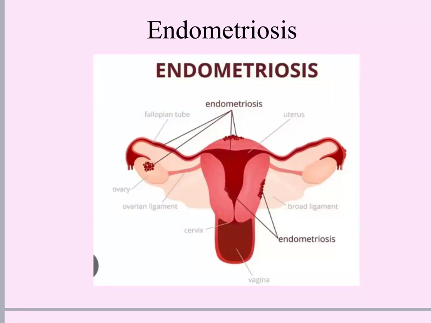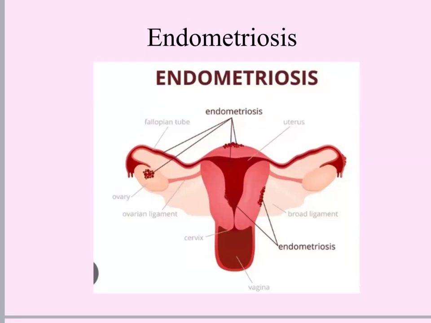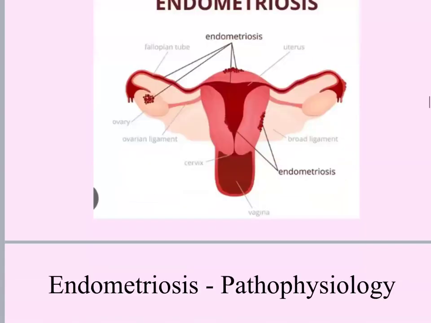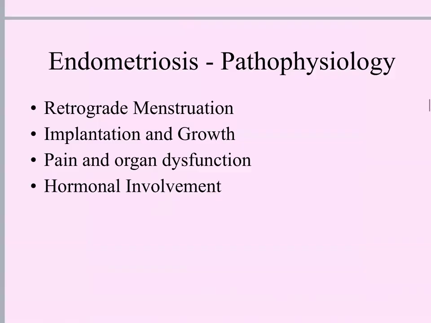This can happen at any age, but it most commonly happens between ages 25 to 40. There are different thoughts on what is happening with endometriosis. We still don't know.